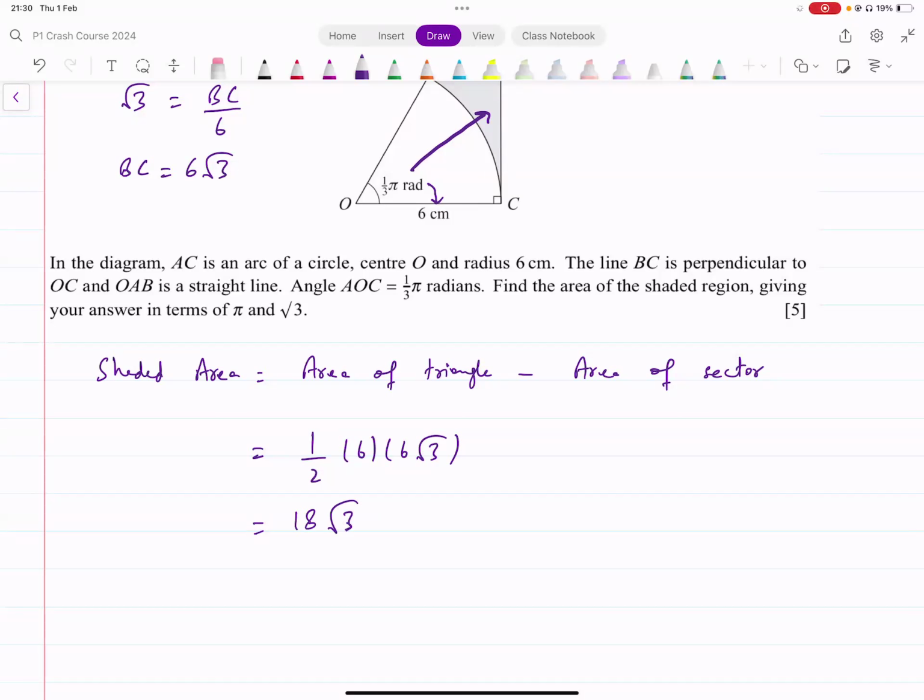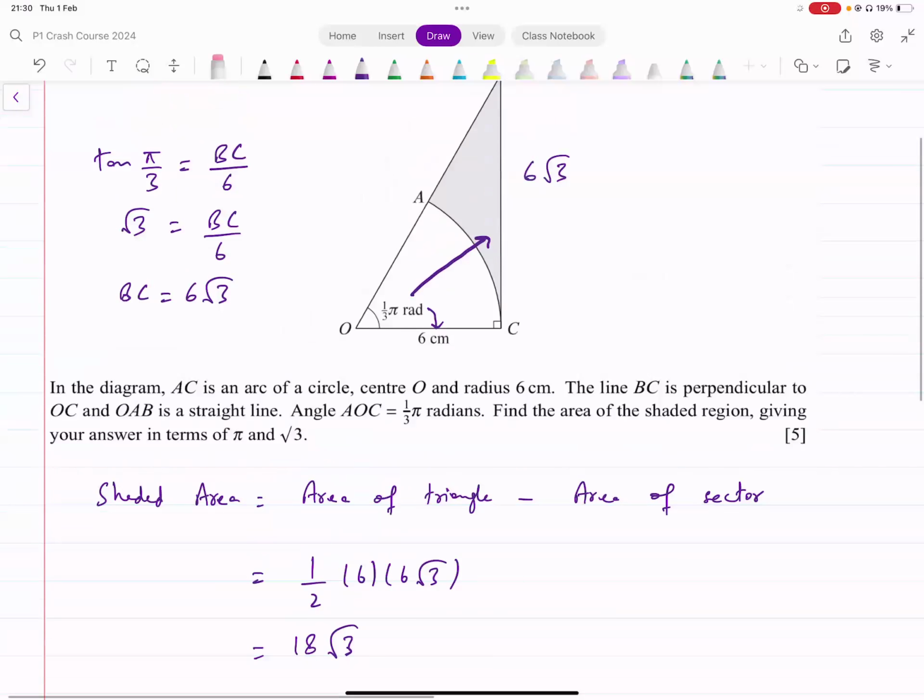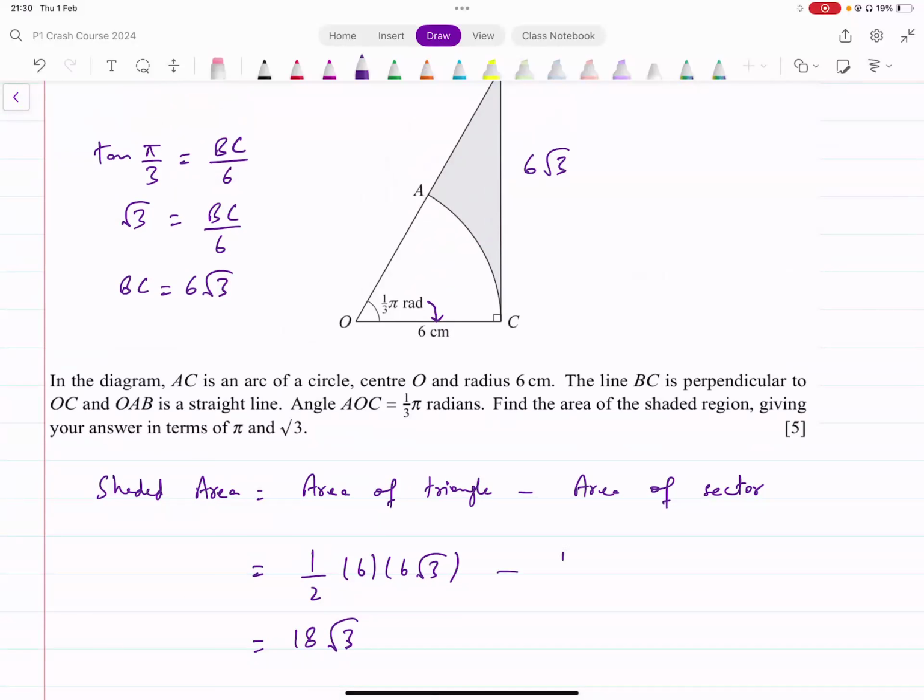Okay. What about the area of the sector? What's the area of the sector formula? Half r squared theta. Well, that's just half into r squared. R is 6. So we can say 6 squared into theta in radians, remember? This is already in radians. That's pi over 3. And that's it.